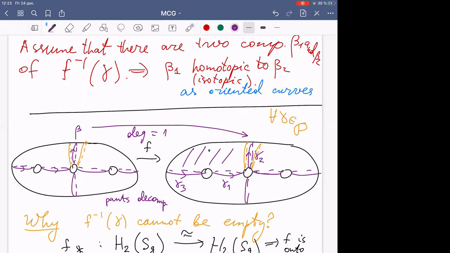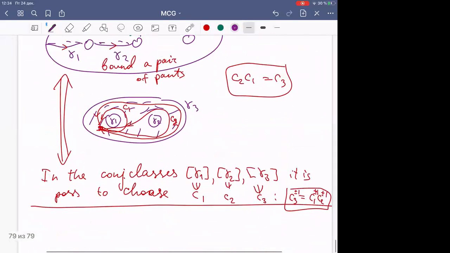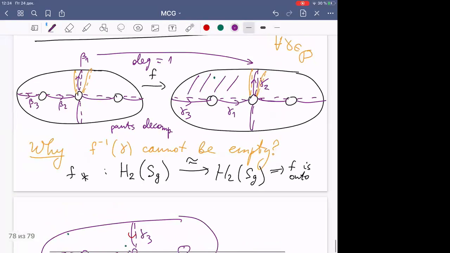Then it will be also adjacent to beta 1, beta 2, and beta 3. But look, in this situation it will be C1 C2 C3 equals 1, or all signs will be the same. But we cannot say that it necessarily is adjacent to beta 1, beta 2, and beta 3 from the left. We can only say that it is adjacent to beta 1, beta 2, beta 3 from the same side.